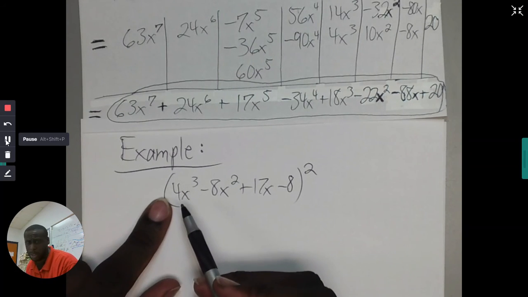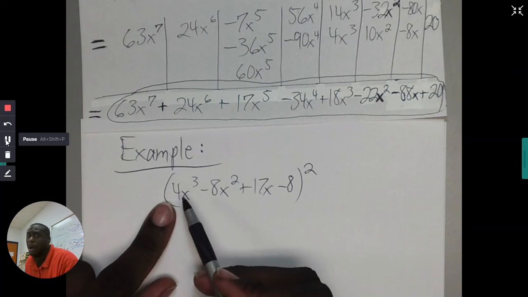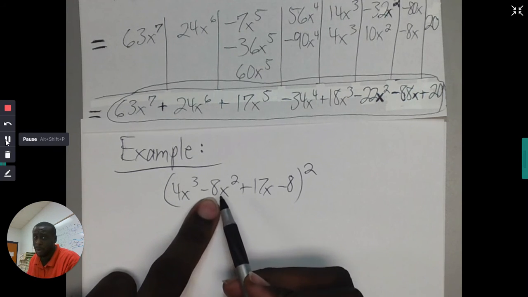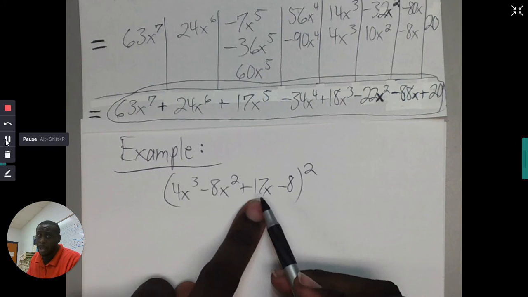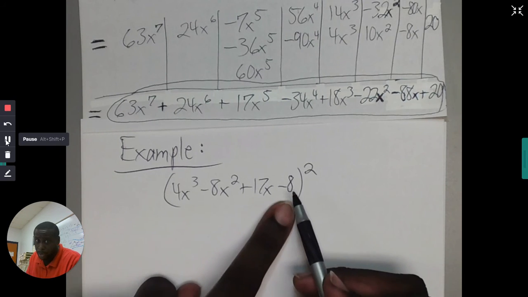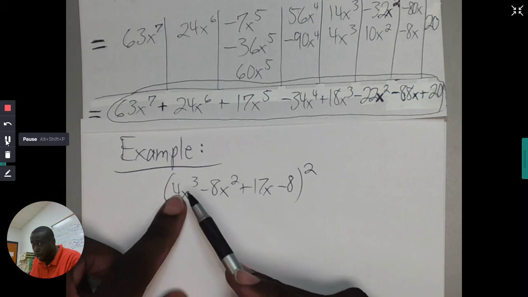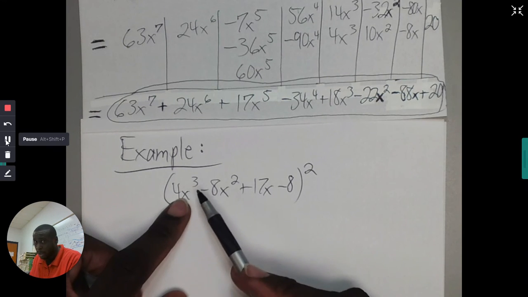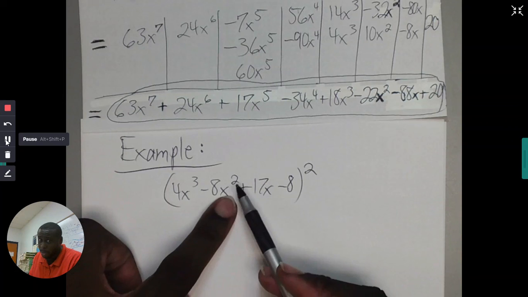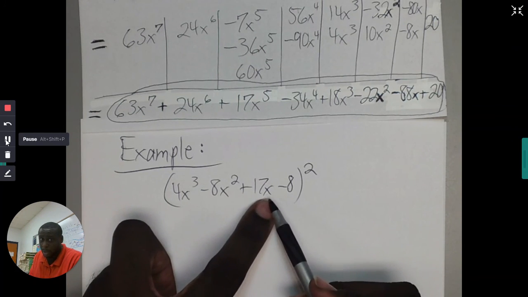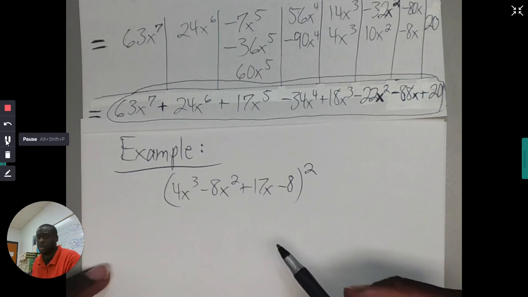Please, please, please do not just say, oh, well, 4 squared is 16, and 8 squared is 64, and 17 squared is 289, and 8 squared is 64. And don't just say, oh, well, if I square x to the 3rd, it's just x to the 6th. And if I square x squared, it's just x to the 4th. And if I square x, it's just x squared. Please do not do that.